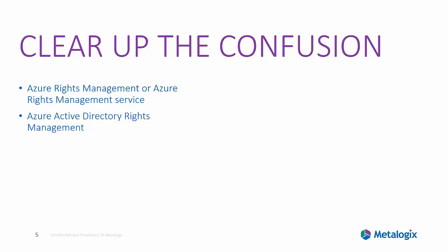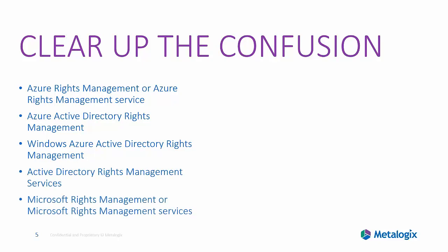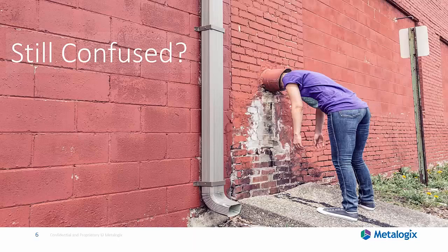Active Directory Rights Management Services in Azure, Azure AD Rights Management. Windows Azure Active Directory Rights Management Services. It's all the same thing. And what Microsoft's done, they've taken the stuff that they released in 2003 through Rights Management Services for Windows Server back in the day, and they've rolled it up into Azure Information Protection.